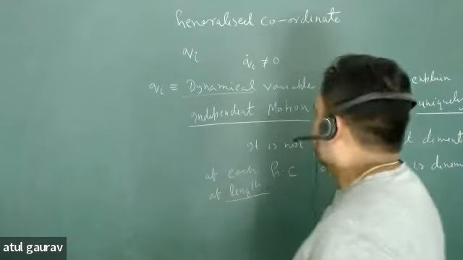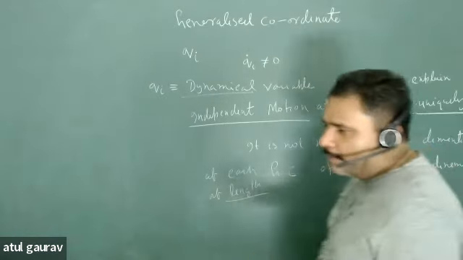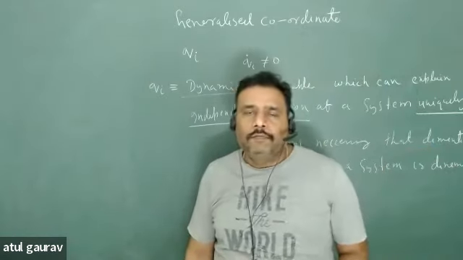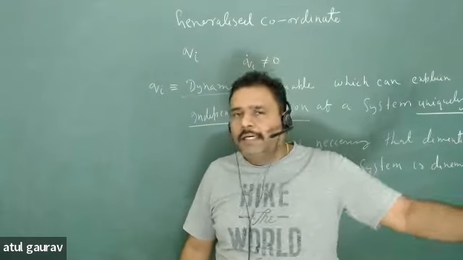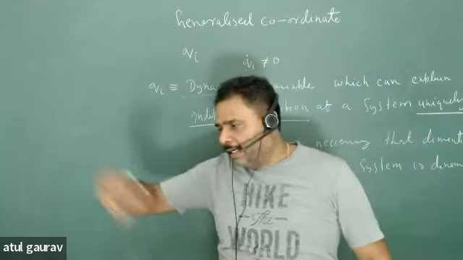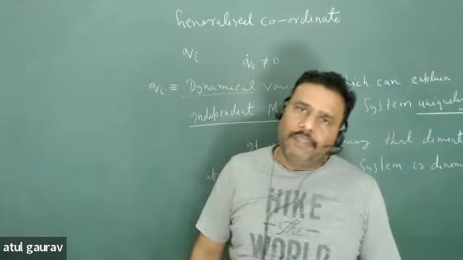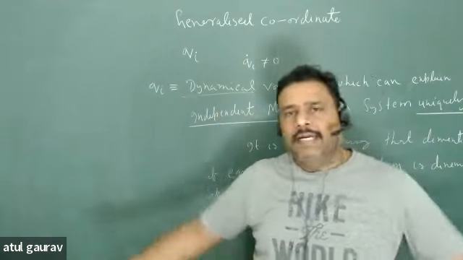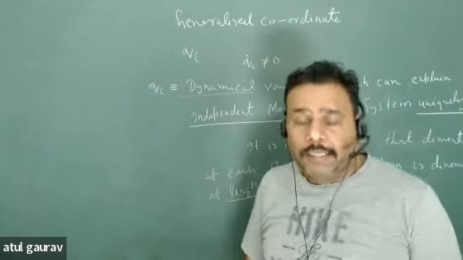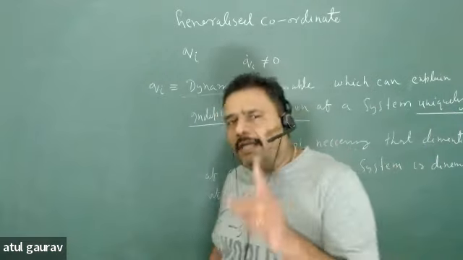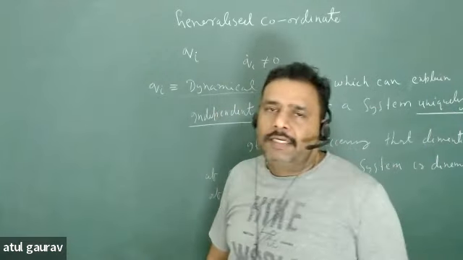It is not necessary. So in the same problem, you can have two different generalized coordinates, and one generalized coordinate can have some dimension and another generalized coordinate can have another dimension. You can have these leverages. So why is it identified as a generalized coordinate? But what is fundamental? The fundamental is very interesting. The fundamental is that this must tell you all the independent motion.